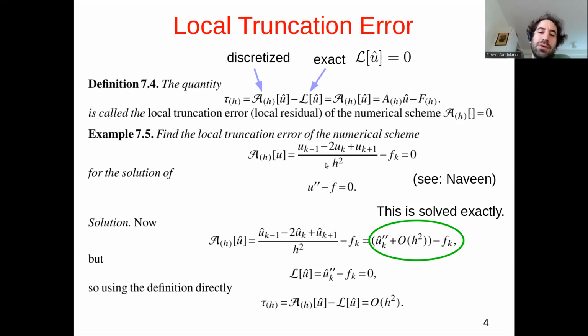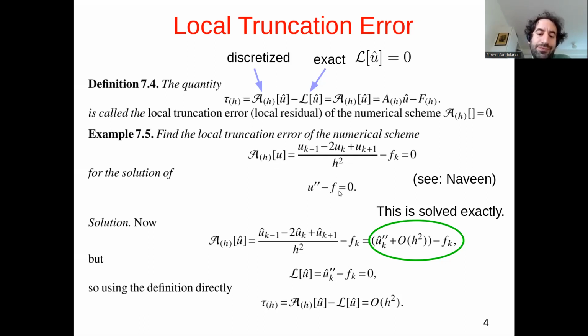This is second order accurate, and by doing that we can discretize our PDE or ODE. This is now our discretized problem, which I call A. h is the grid spacing, just a parameter. A is the discretized problem, whereas curly L is the exact problem.